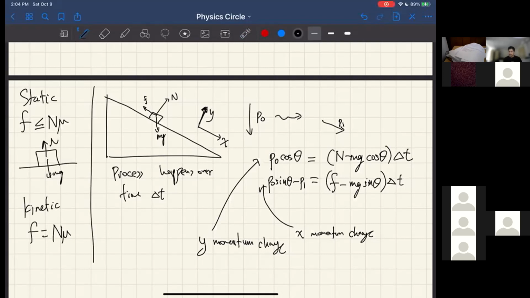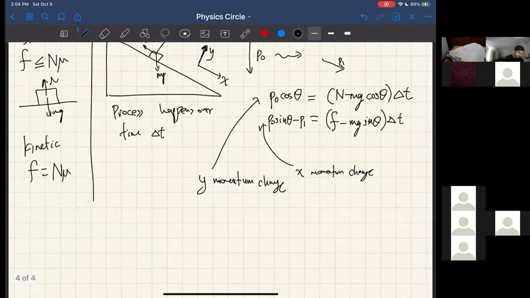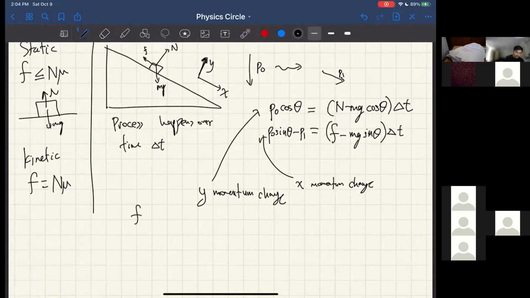Even though the mu's are the same, in static friction you don't actually know that the frictional force is the same as n mu, but in the kinetic case, you know it's the same. That's how kinetic friction works. This is a very important point of confusion for a lot of people, but hopefully this clears up something about friction. So because in this problem it's kinetic friction, as we established, we know that F is equal to n mu.